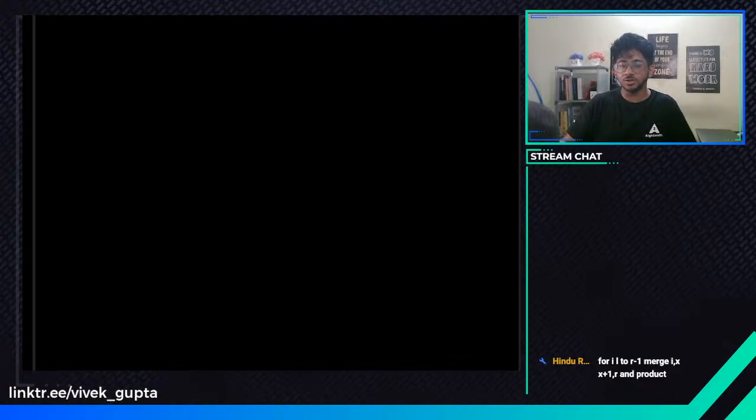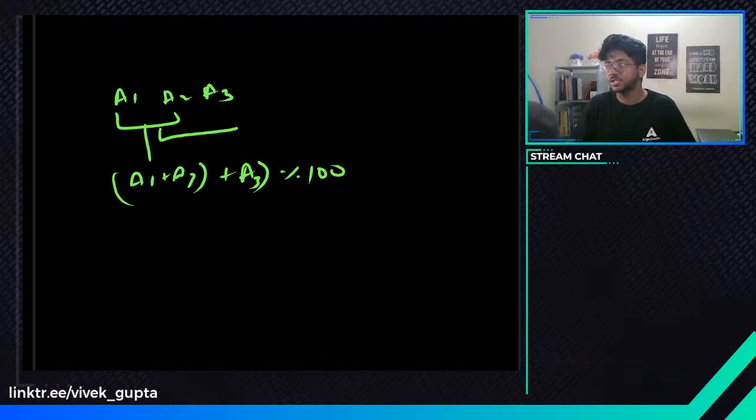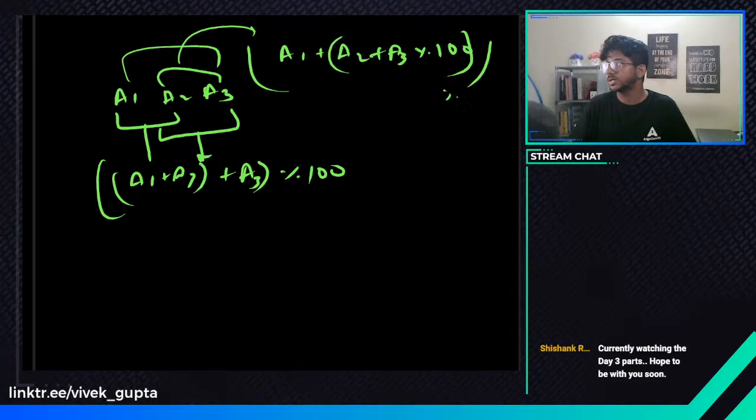So the key observation over here is that if you have a1, a2, a3, and you merge the first two, you will get (a1 plus a2) mod 100 plus a3, mod 100. This is the final thing if you merge after this as well. And if you merge the last two first and then the first, you're going to get a1 plus a2 plus a3, mod 100.